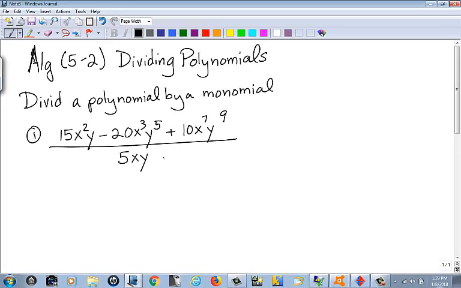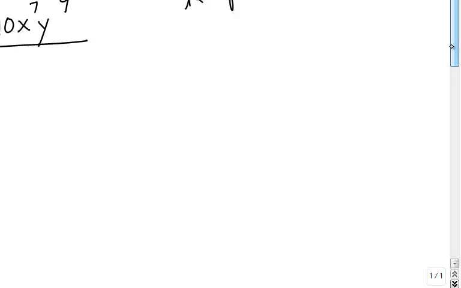The key on this: if it's a polynomial with the plus or minus signs divided by a monomial, split it up. So that 5xy divides into each term.